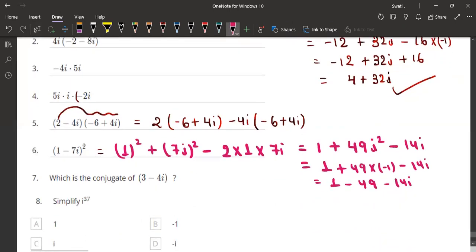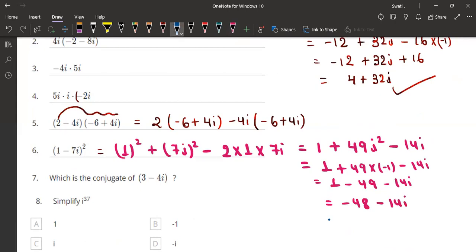So this will simply become minus 48 minus 14i. If you want, you can also write this in the standard form by writing minus 48 plus minus 14 and then i. So it was looking into the form of a plus bi, right? And this is our answer. Okay, so we are done with this. Now we can go to the next question.